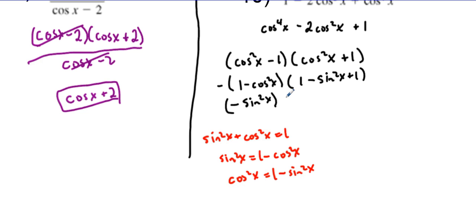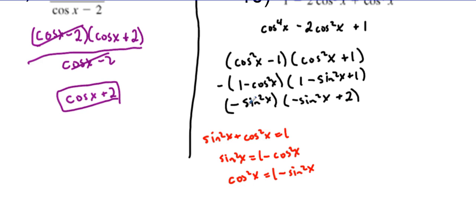We can distribute it through if we wanted to, or keep what we have. Add those together, so we have negative sine squared of x plus 2. I think that's pretty much as far as we can go. I'm not really seeing anything else.